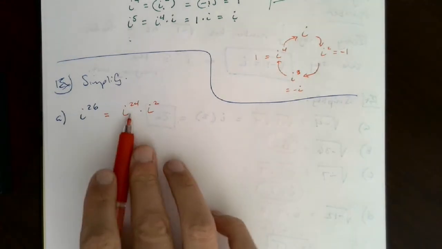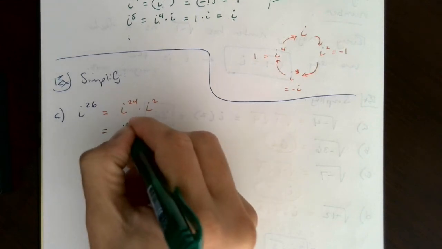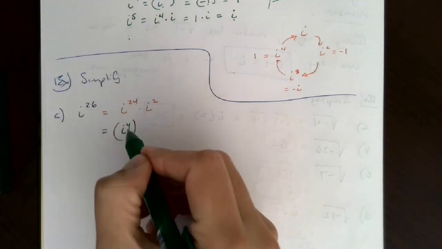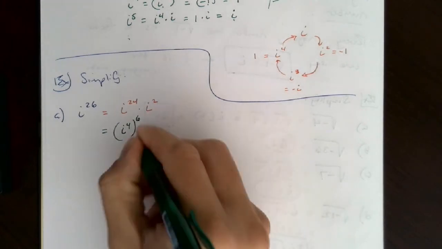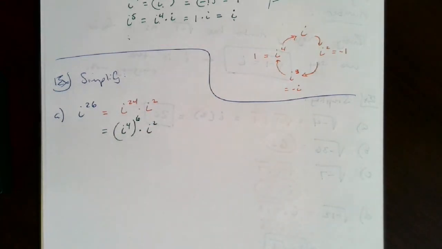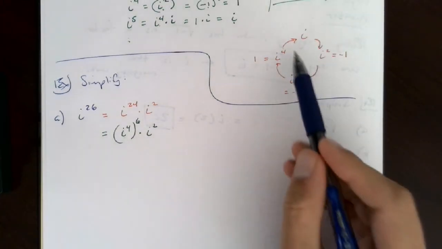Now, because 24 is divisible by 4, I can always write this as a power of 4, right? So i to the fourth power raised to a power. 24 divided by 4 would be 6, because 4 times 6 gives you 24. And this is still times i squared for now. And now you want to simplify. So the part that's i to the fourth, you know what that is. i to the fourth, according to the cycle, is equal to 1.